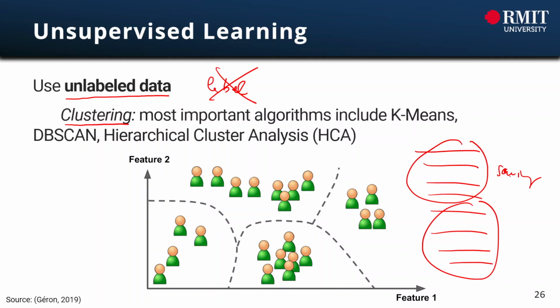These customers usually open saving accounts, and this one is like the loaning group. They usually loan money, something like that. So the bank can have different marketing strategies for different groups of customers. So we conduct the task of clustering.